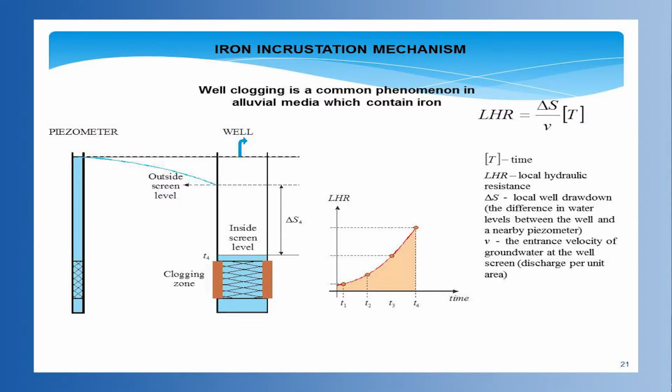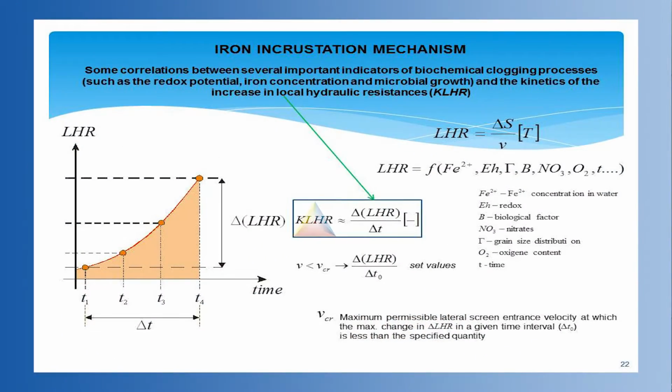Therefore, we also introduce a kinetic local hydraulic resistance as a dimensionless factor. Both factors depend on the iron content in the water, redox, granulometric curve, grain size curve, biochemical agents, nitrates, oxygen, and so on.